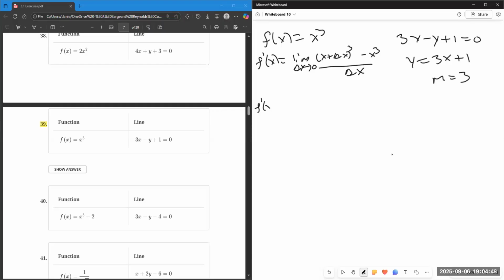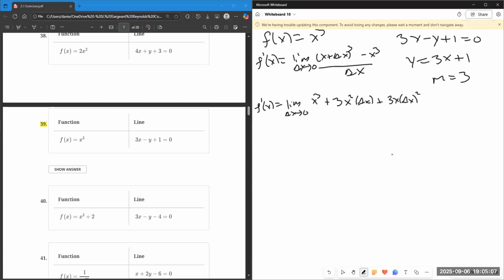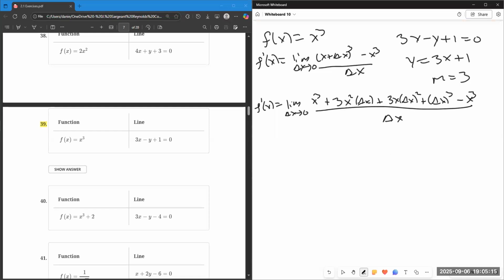So f prime of x is, and you can use Pascal's triangle for this if you don't have the binomial theorem memorized, the limit as delta x goes to 0 of x cubed plus 3x squared delta x plus 3x delta x quantity squared plus delta x quantity cubed minus x cubed over delta x.